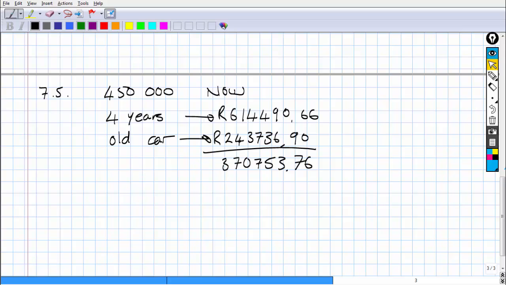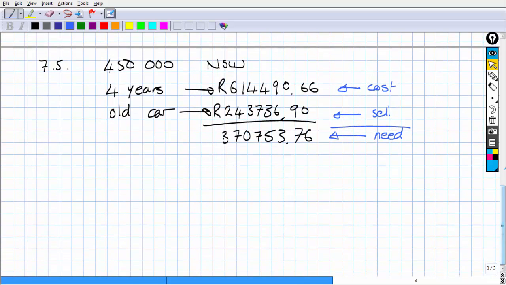So this is how much it's going to cost in 4 years' time, and this is how much you're going to sell your old vehicle for. So then that is obviously how much you need. It's fairly simple. How much something costs minus how much you get for your old vehicle, and that's how much you still need. So you still need 370,753 Rand and 76 cents.